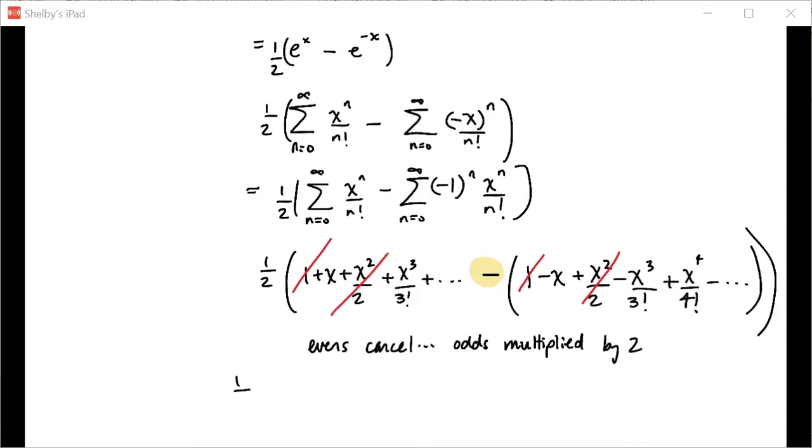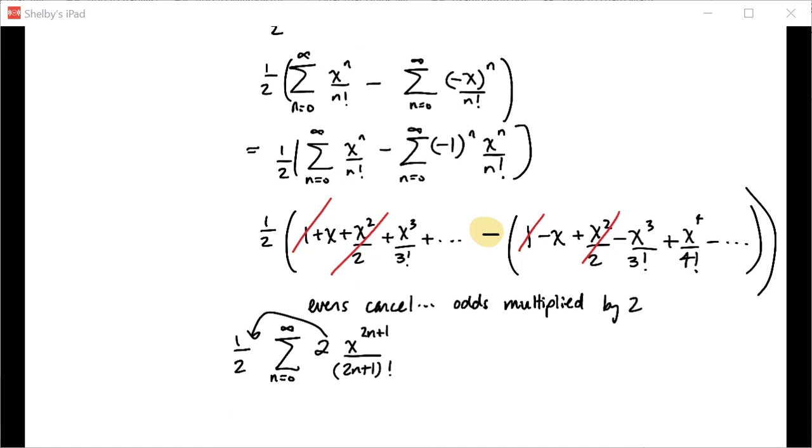So we have the half out here, and then we need to write the odds as 2 times x to the 2n plus 1 over 2n plus 1 factorial, and then we have a 2 that we can factor out that cancels with the half, and we're left with x to the 2n plus 1 over 2n plus 1 factorial.